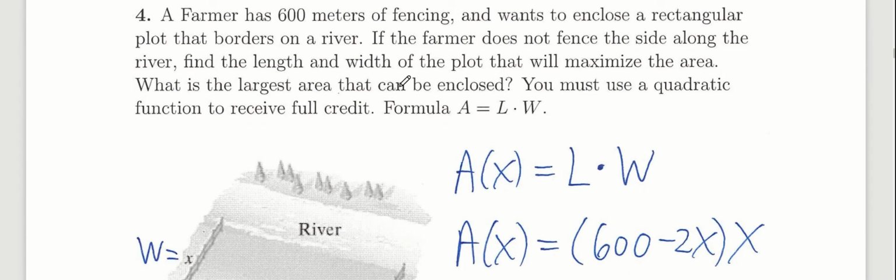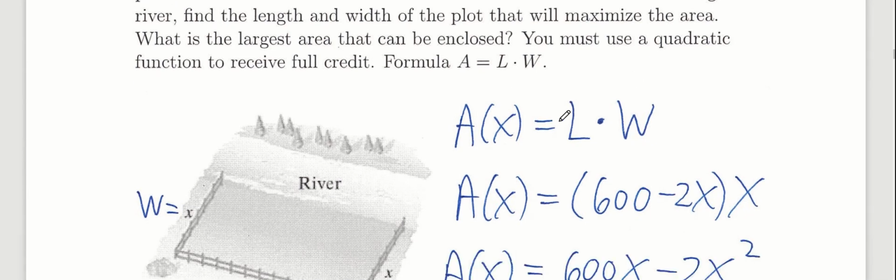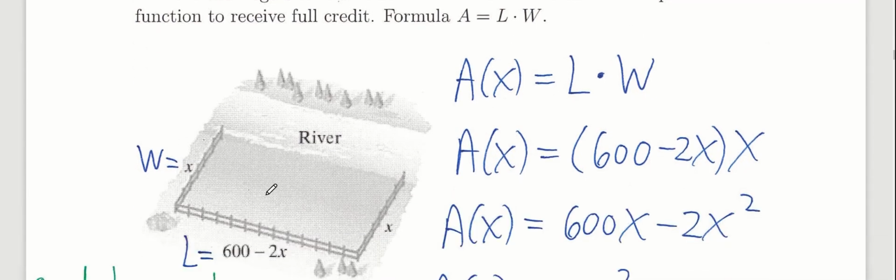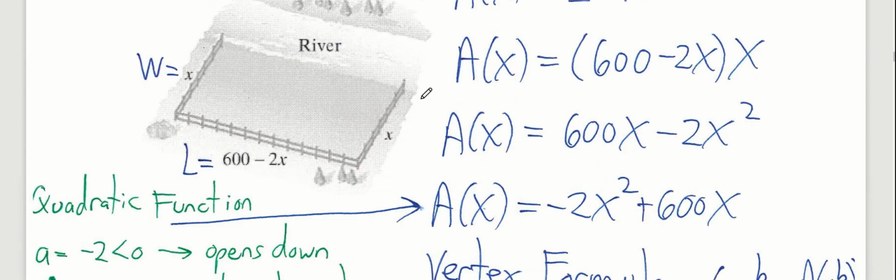We then have an application problem that will require the use of the vertex formula. It's kind of your standard application type question. First thing you want to do is write a formula down. The picture will be given just like it is in the practice sheet. So write down a formula, express it using your single variable x, take your equation, write it in standard form.